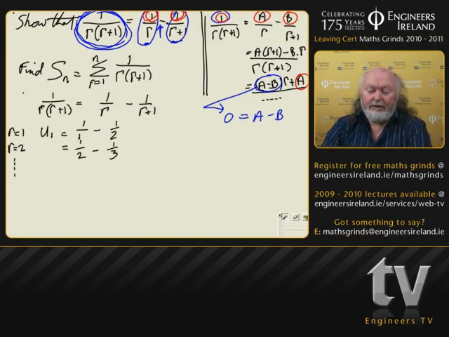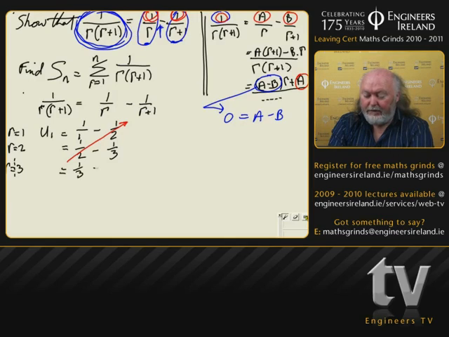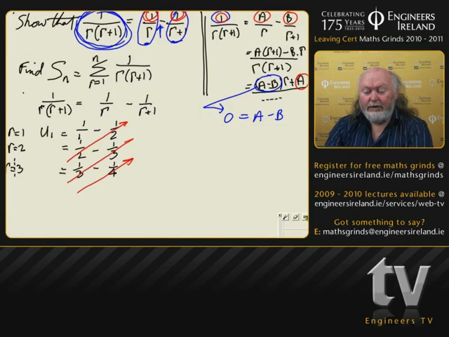Even by the time you've got to 2 of these, what you will notice is that they are now cancelling each other. If we did write in the third one, what we would have would be obviously 1/3 minus 1/4, and you can see they cancel, and they'll all continue cancelling.